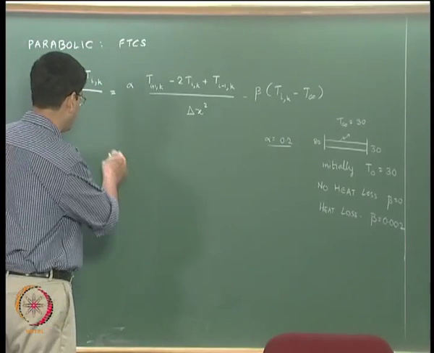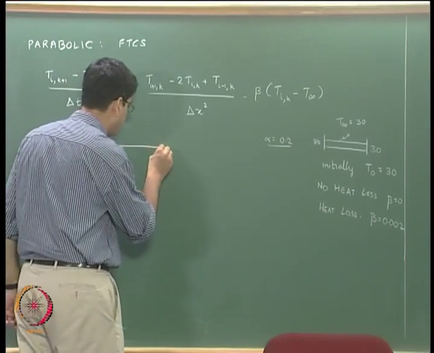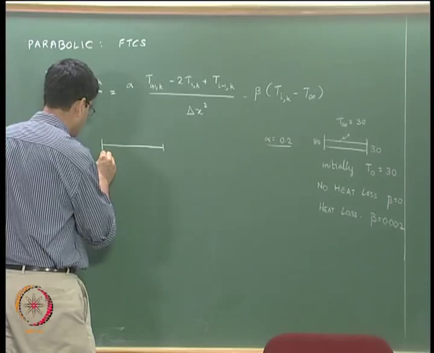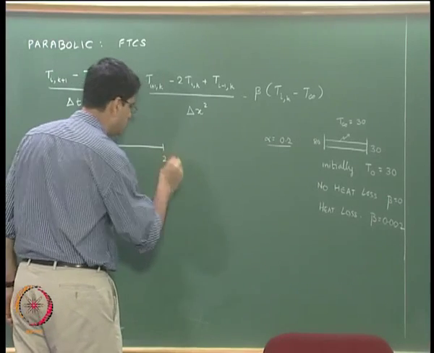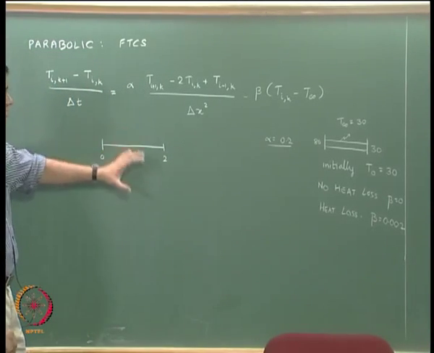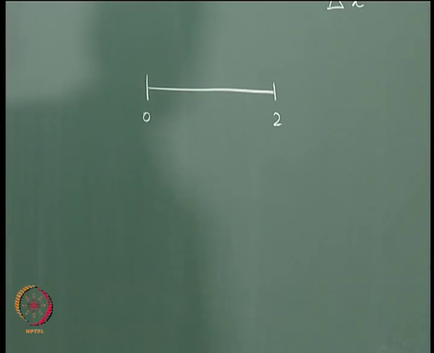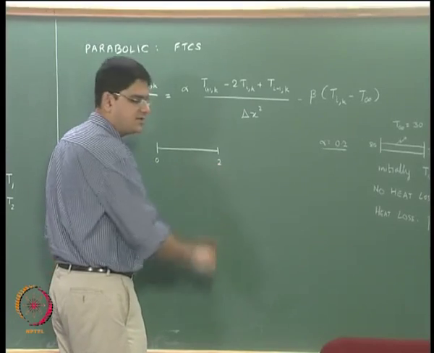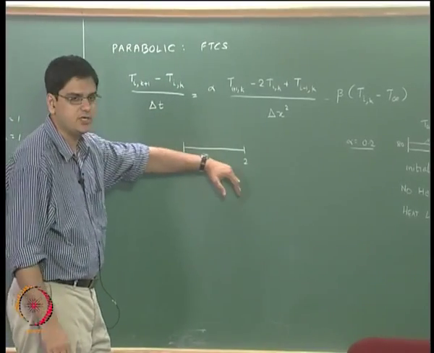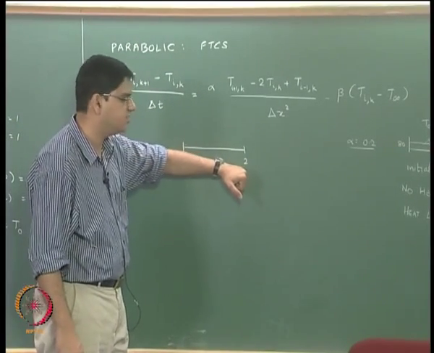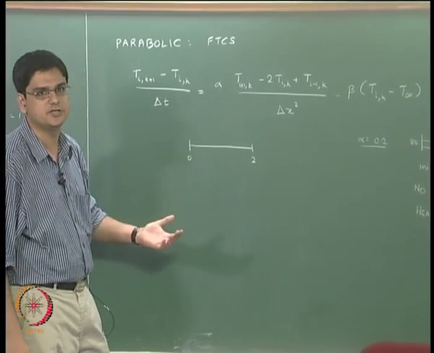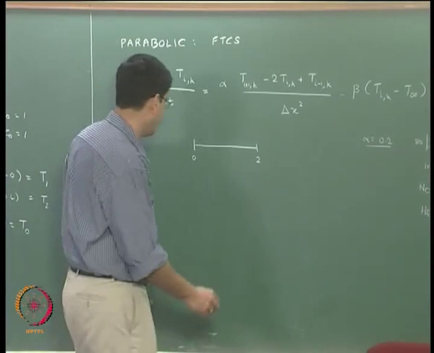So we have this entire rod length going from 0 to 2, and we want to find out how the temperature varies with respect to time and with respect to space. Okay. So let us divide this particular region into n intervals, and n we will take in this case as 5. So we will have 5 intervals.